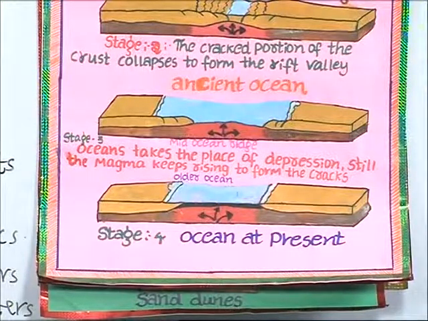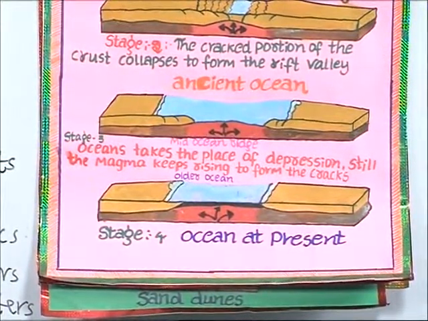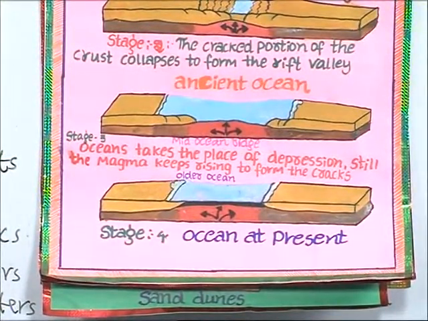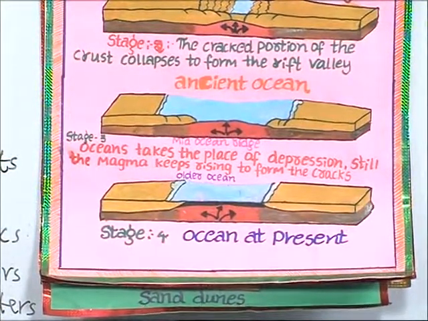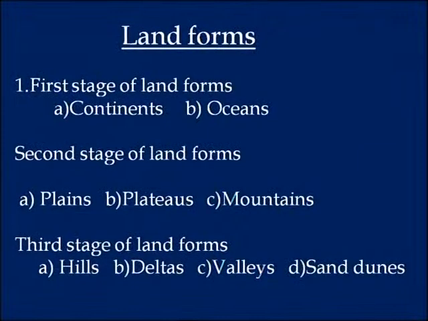Okay, see here friends, the first order of landforms. Landforms are divided into 3 types: the first order, second order and third order of landforms. The first order of landforms is the continents and oceans, the second order is plains, plateaus and mountains, and the third order is hills, deltas, valleys and sand dunes.